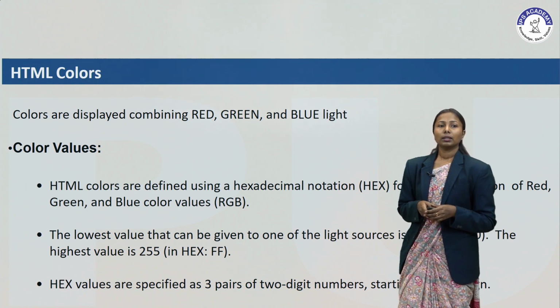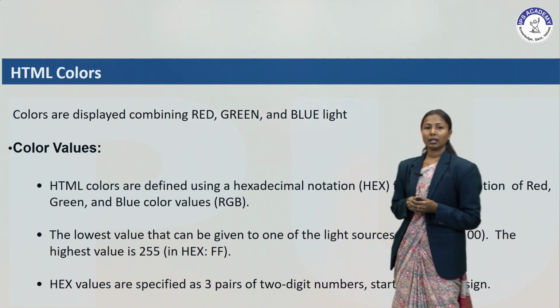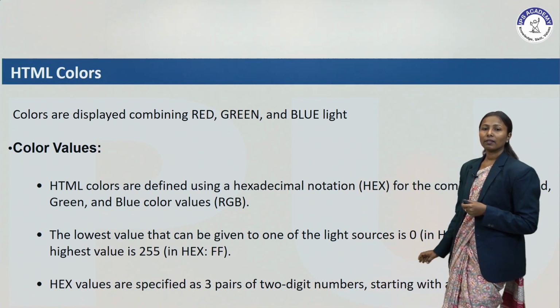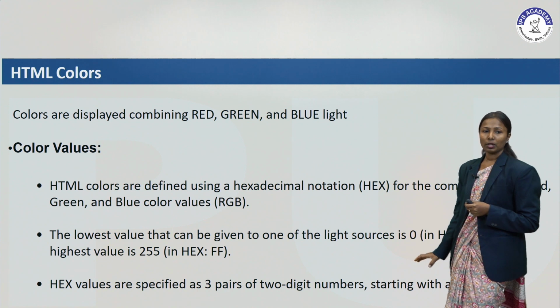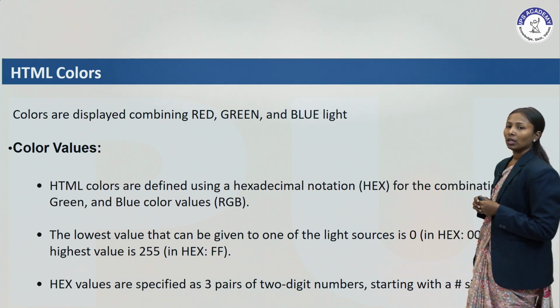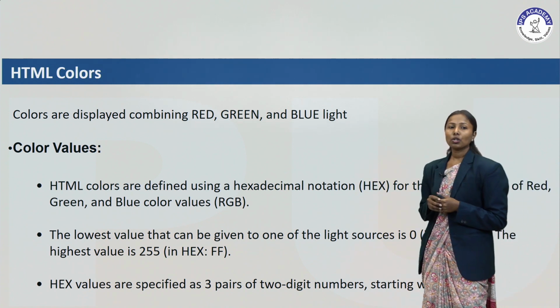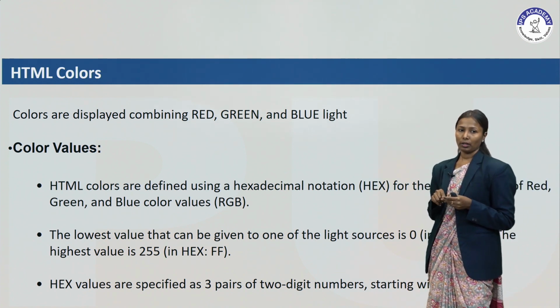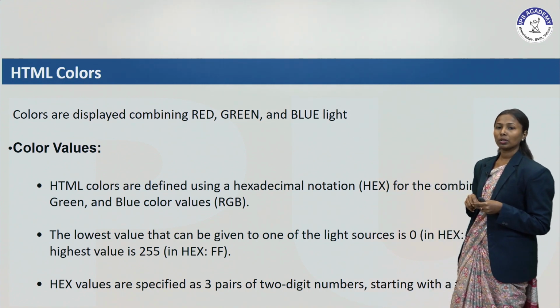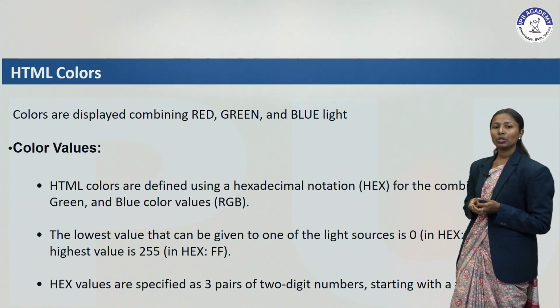Now the color. Colors are displayed by combining red, green and blue light. So what is the color value in HTML? HTML colors are defined using a hexadecimal notation for the combination of red, green and blue color values. The lowest value that can be given to one of the light sources is 0, and the highest value is 255.